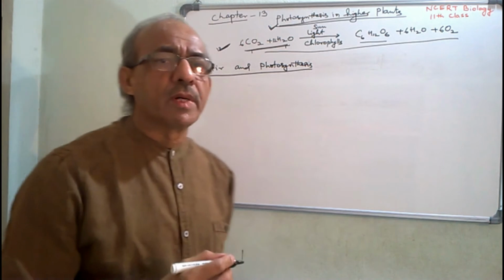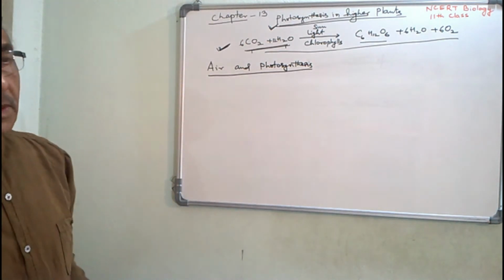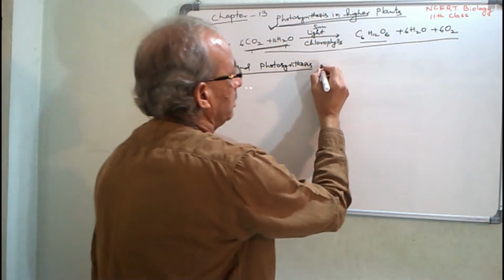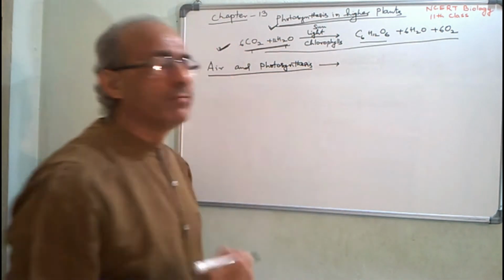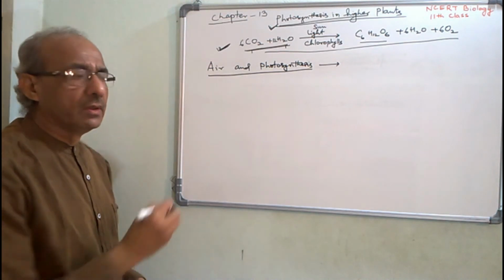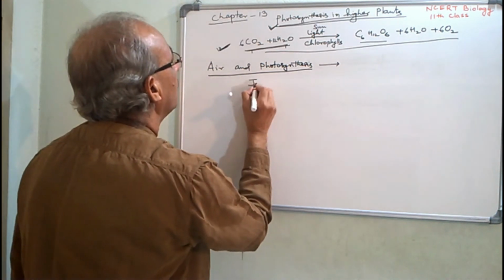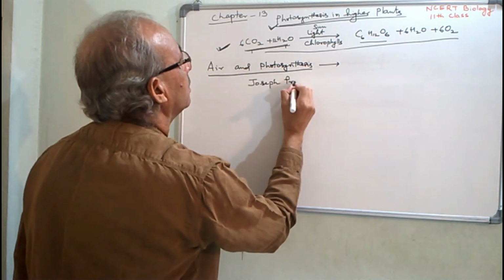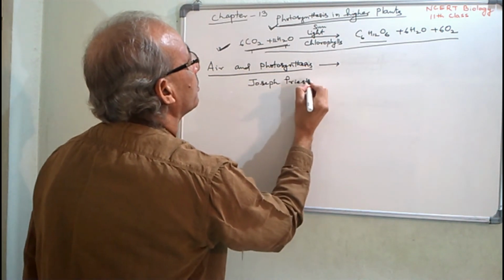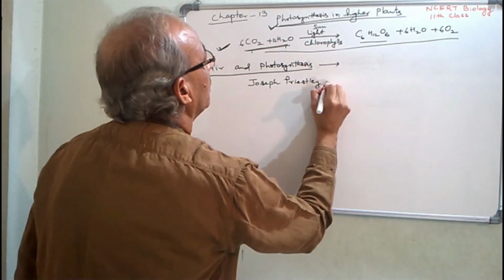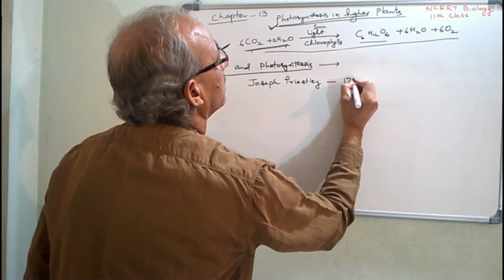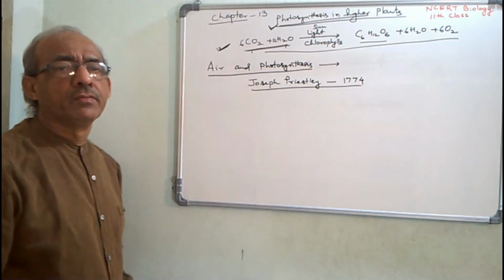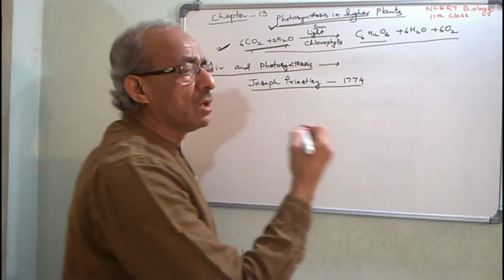During the course of advancement in the field of science, there was a scientist, namely Joseph Priestley, who in 1774 by his experiment discovered oxygen.